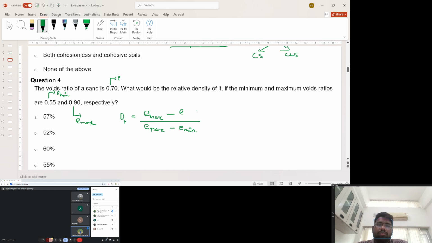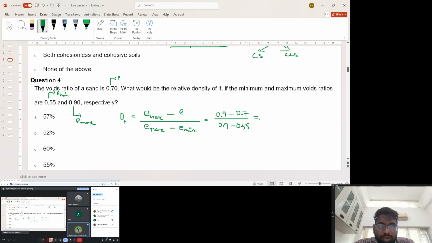This e corresponds to the present compaction state. So e max is 0.9, e is 0.7, then e max is 0.9 minus e min is 0.55. So what is the value we are getting? Please compute and let me know.